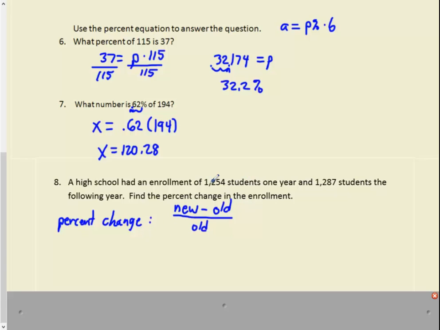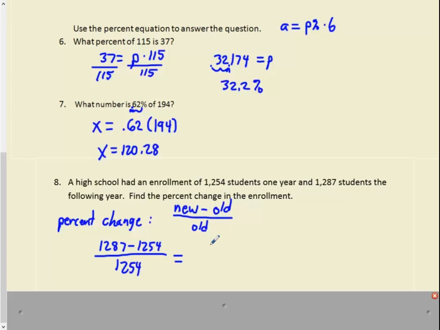So in this particular case, we're going to have the newer value is 1287 minus the original value of 1254, and then divide by the original value of 1254.